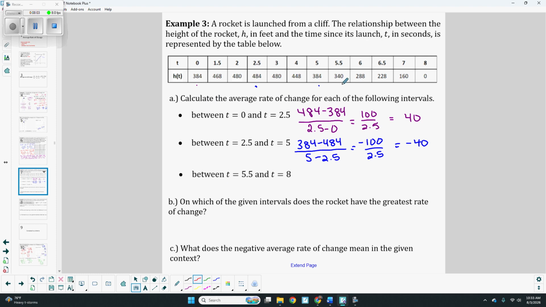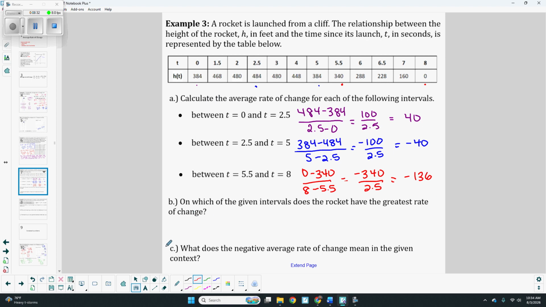And then between 5.5 and 8, that's going to be 0 minus 340, and 8 minus 5.5. So that's going to be negative 340 over 2.5. So this actually equals negative 136. So on which of the given intervals does the rocket have the greatest rate of change?